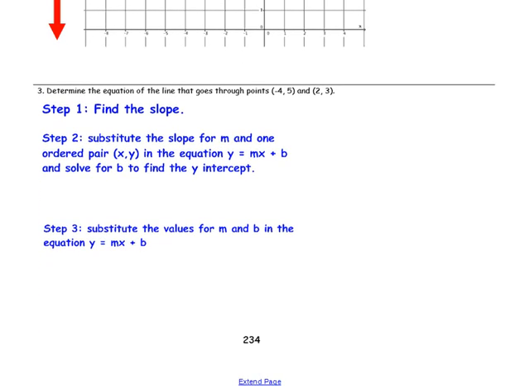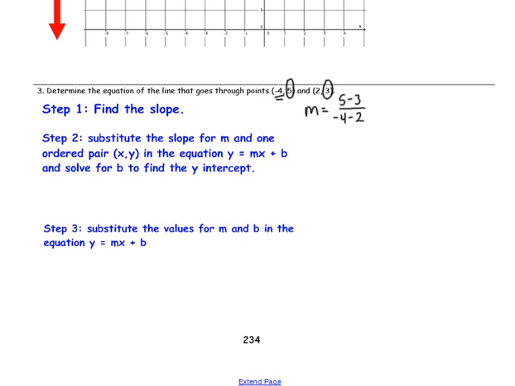It says, determine the equation of a line that goes through the points (-4, 5) and (2, 3). In this problem, notice that there is no graph to look at. Rather, they just give you 2 points. So we follow the same procedure that we've done on the previous page when we had a graph to look at. First, you find the slope. Recall that the slope is the difference between the y values over the difference in the x values.